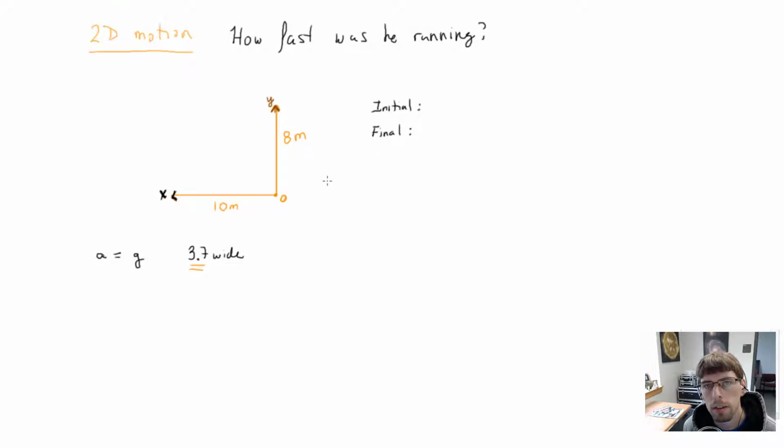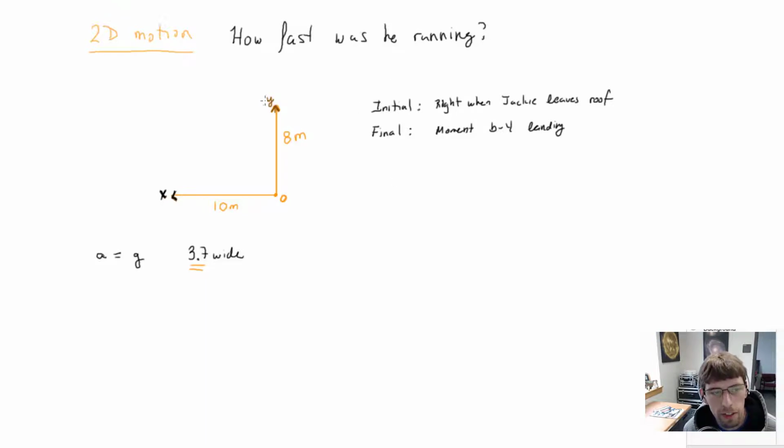We'll say initial is right when Jackie leaves the roof, and final is the moment before landing. And that'll just help us clarify stuff in our head.